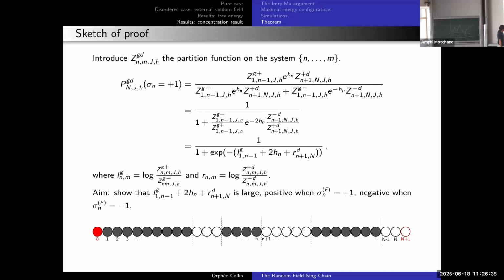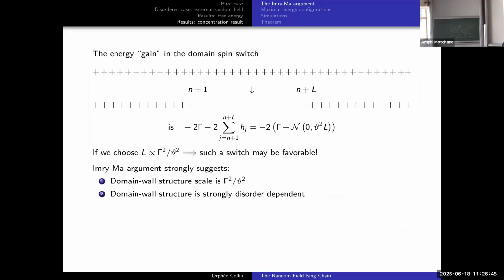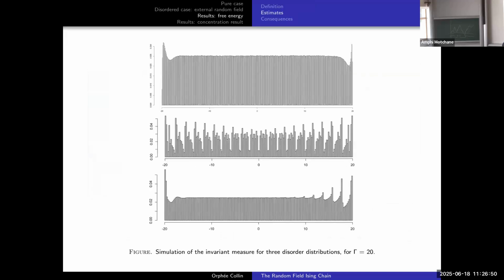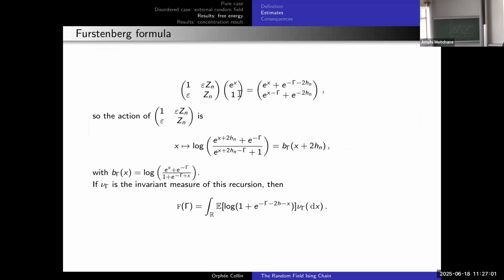Why is it interesting to look at these quantities? In fact, we have already done so earlier on. With the random matrix products, we studied these coefficients, and in fact we considered the action of the matrix on the projective space.